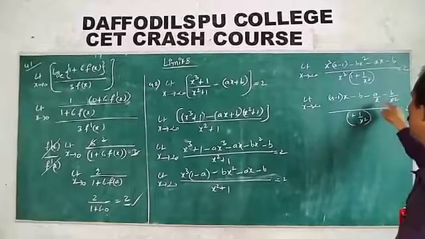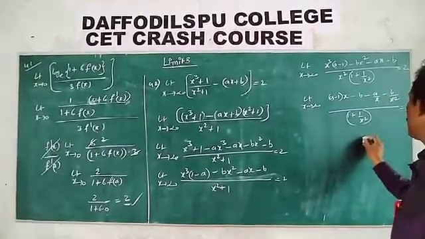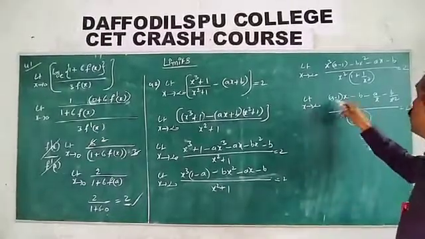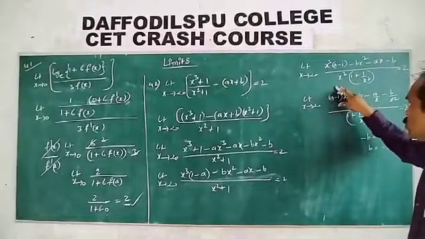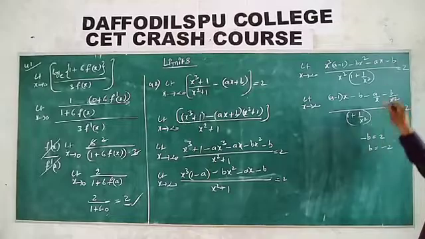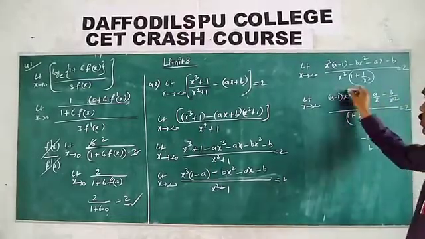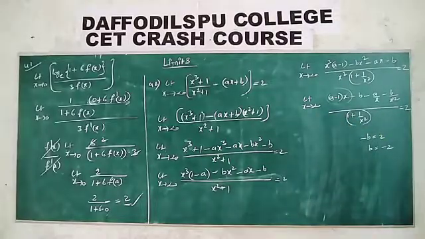Now apply x tends to infinity. This value is equal to 0, this value 0, this value 0. The remaining value is constant. That implies minus b is equal to 2, so b is equal to minus 2. It exists only when these values are 0, then minus b is equal to 2. And the remaining value is also 0, then only this constant value is equal to 2.